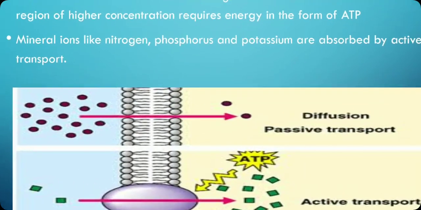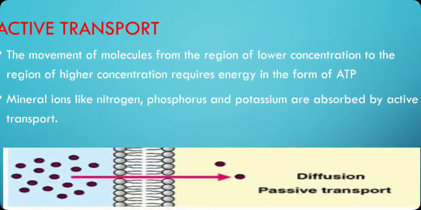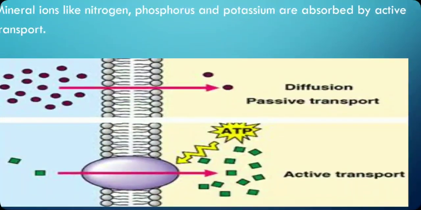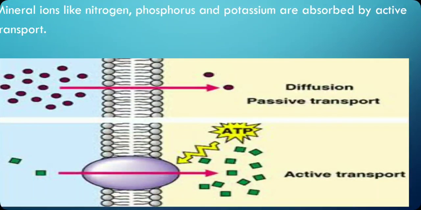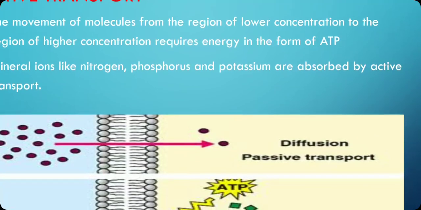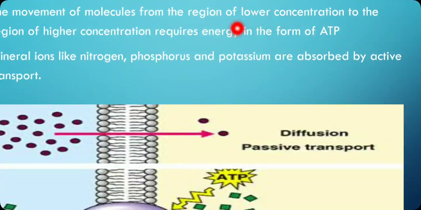Now there is active transport. Active transport is what? Here the molecules move just the opposite. Listen very carefully: molecules move from the region of lower concentration to the region of higher concentration. So it is the opposite of osmosis or diffusion.